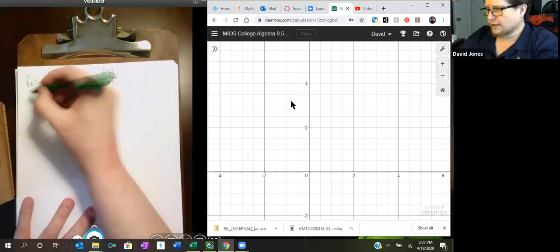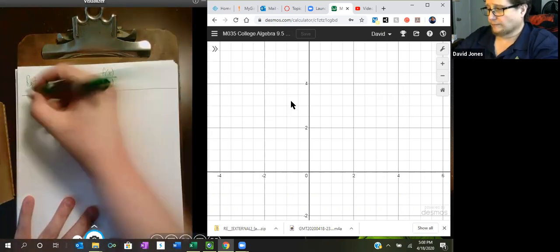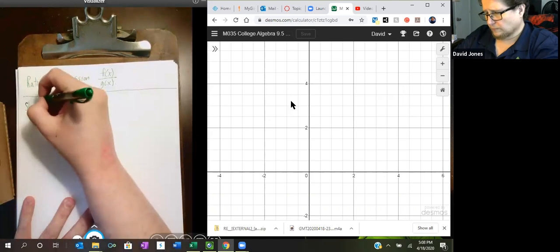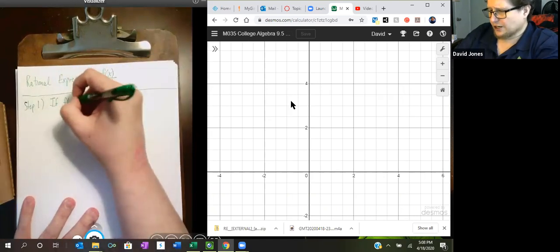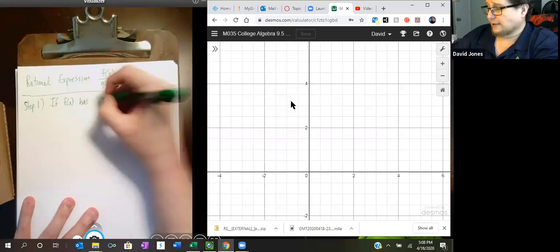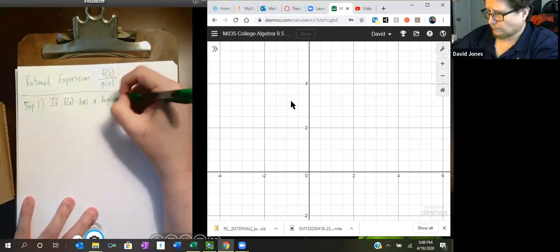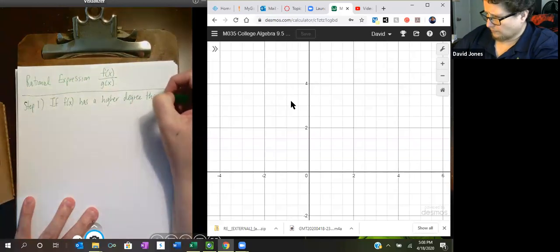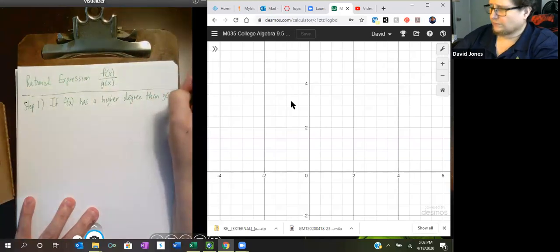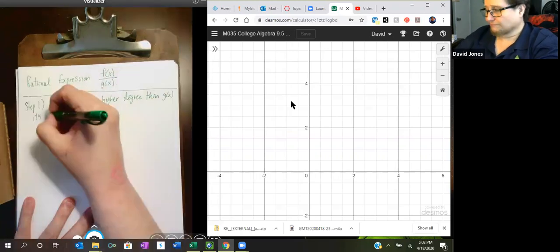So, steps. If f of x has a higher degree than g of x, it's an improper fraction.